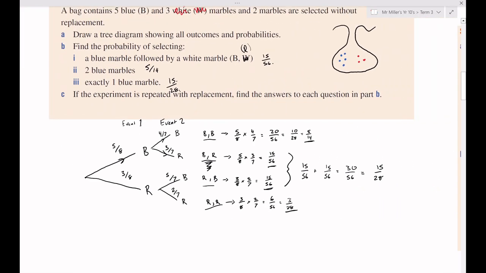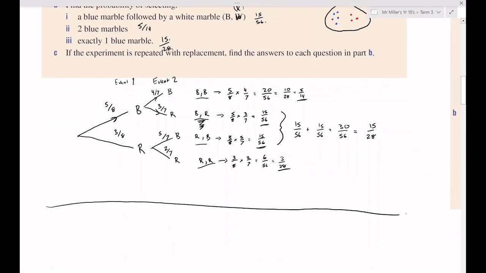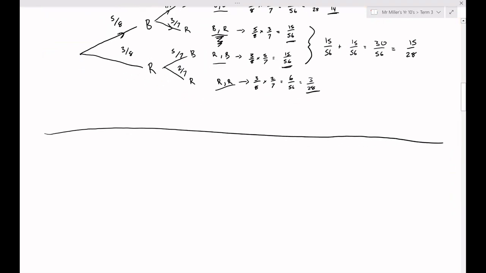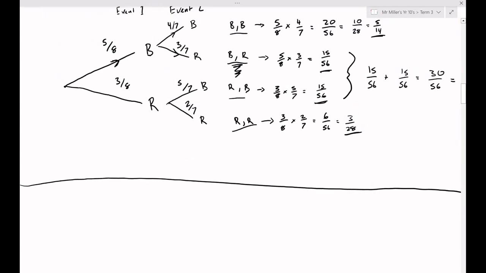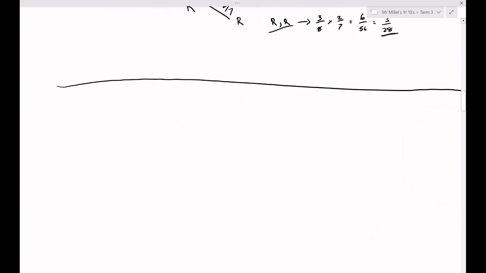Okay, and now if the experiment is repeated with replacement, find the answers to each question in part B. So all we need to do now is draw up a new tree diagram where we are picking a marble and then we'll replace it later. So again, our first 2 outcomes will be blue or red, 5 in 8 chance, 3 in 8 chance.